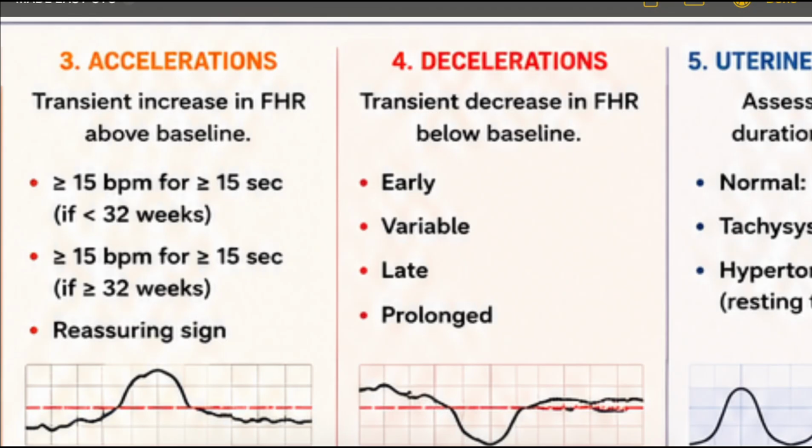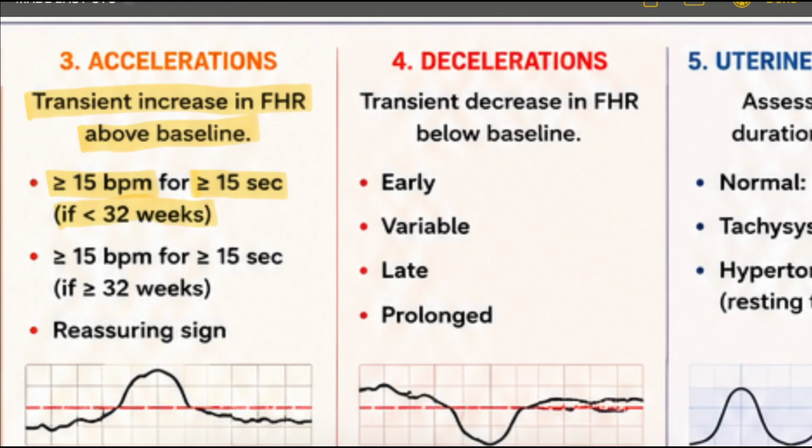Now we have one rule: if there is a transient increase in fetal heart rate above baseline, then we call that acceleration. So if increased greater than 15 beats per minute for greater than or equal to 15 seconds, at or after 32 weeks.